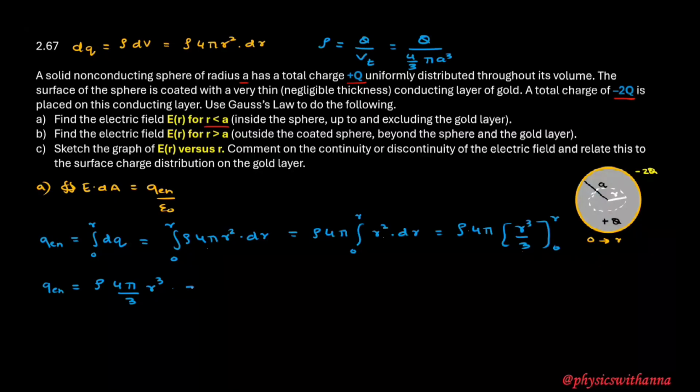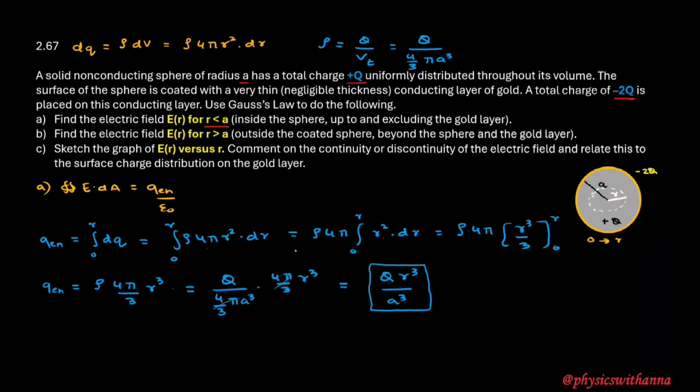You get this as capital Q over 4 by 3 pi A cubed into 4 pi by 3 r cubed. Cancel off the common terms and you get the charge enclosed to be equal to capital Q r cubed over A cubed.